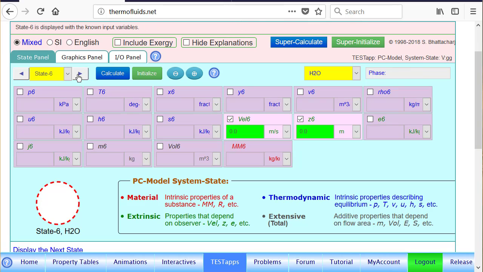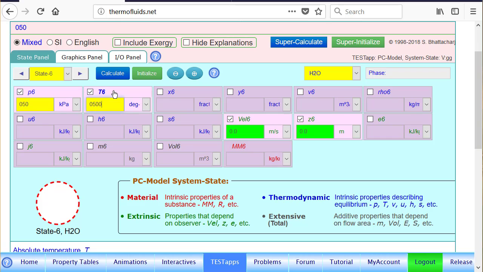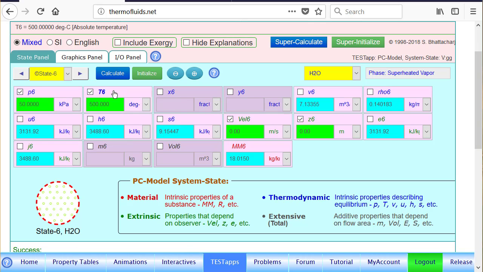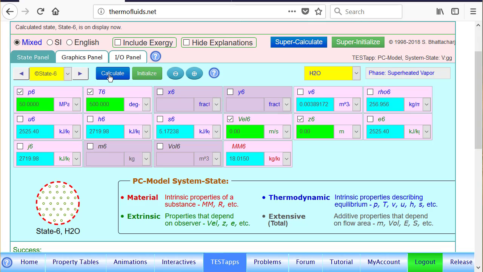Finally, state 6. What is known is that these are supercritical states, 50 MPa. Pressure is higher than critical pressure, and what is given is temperature is 500 degrees Celsius. So it's 50 kPa, 500 degrees Celsius, versus, I'm sorry, it's 50 MPa, 500 degrees Celsius.